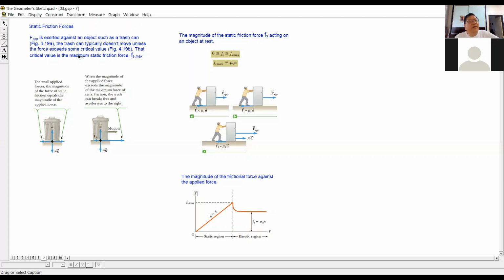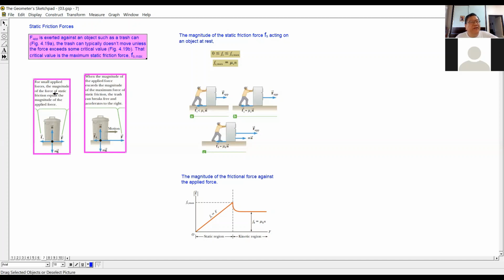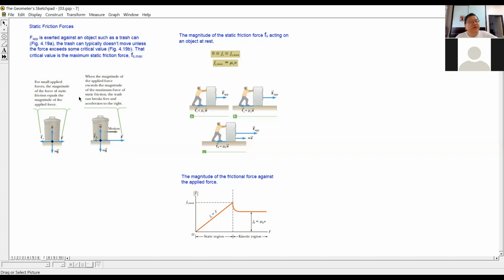Now, they are actually referring to the diagram, the trash can here and here. For small applied force, I'm reading from here, the magnitude of the static friction equals the magnitude of the applied force.